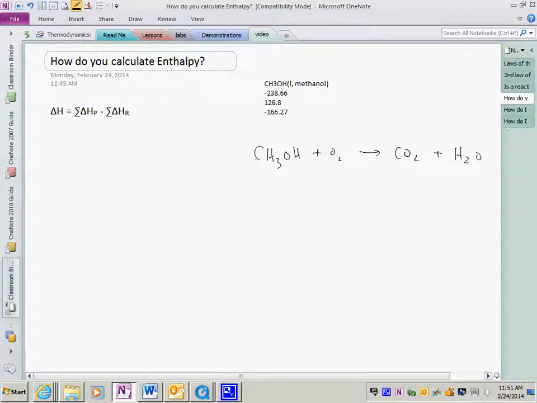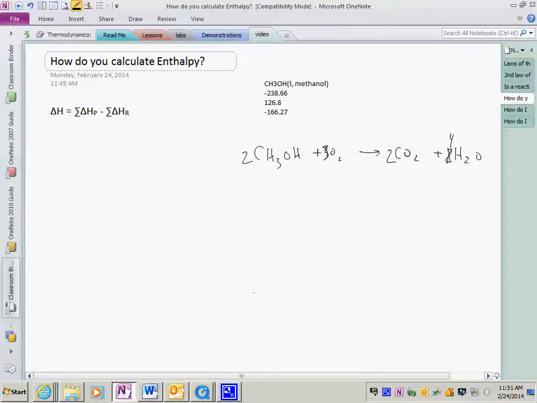Balance-wise, one carbon, 4 hydrogens, so I'd put a 2 here. 2 and 2 is 4. I can't get 4 there, so I'll go 2 and 2, and then this flips to a 4. 4 plus 4 more is 8. 2 times 1 is 2, and then I need 6 more. 3 there gives me 6.